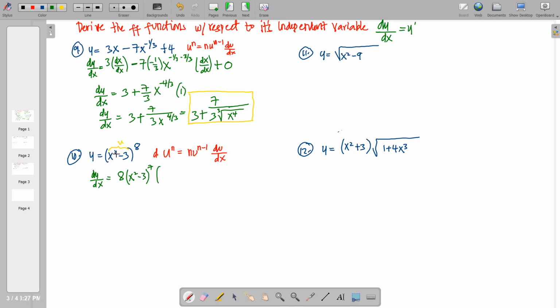The first term is x squared, so that is another power formula, 2x times dx over dx, minus 0. This is the differential of the inside term, so I'll just indicate this as du.